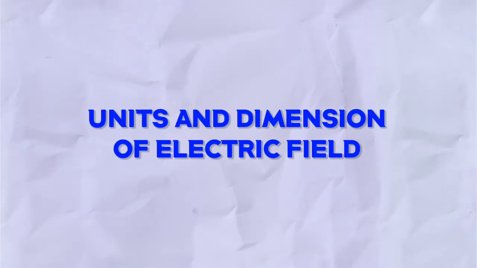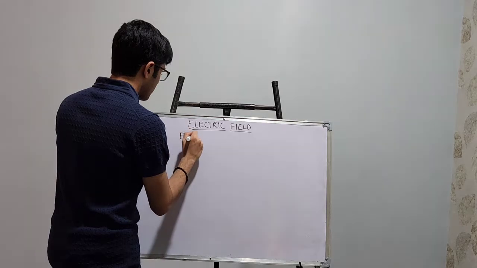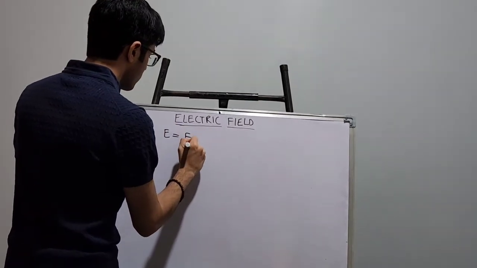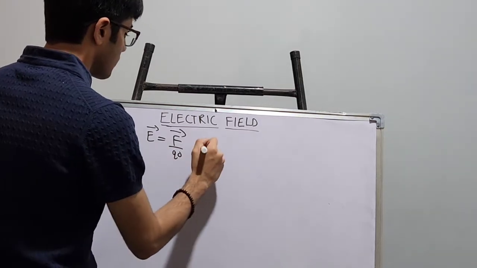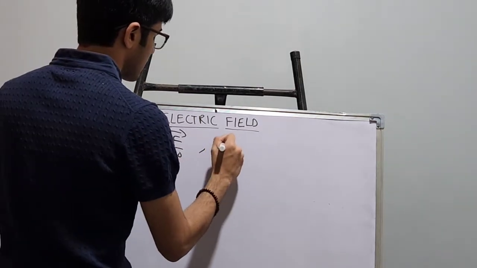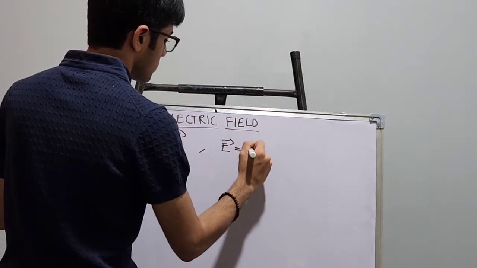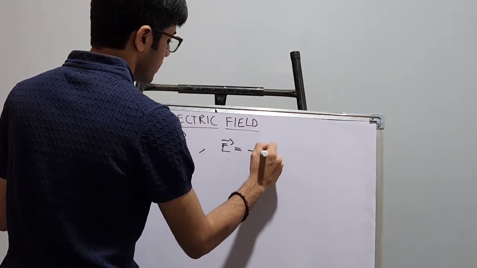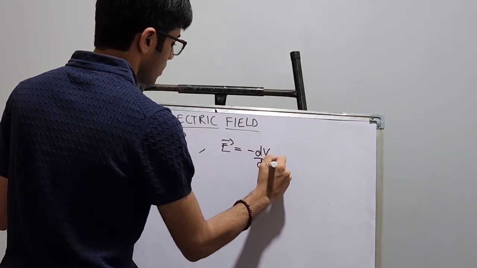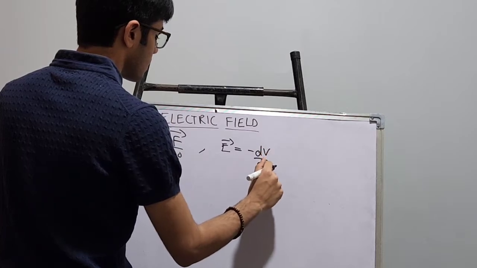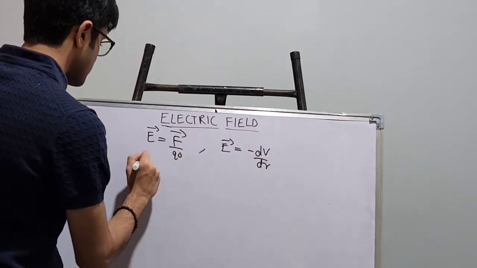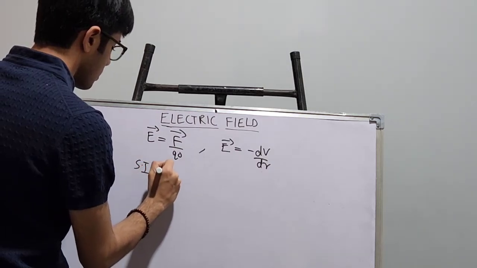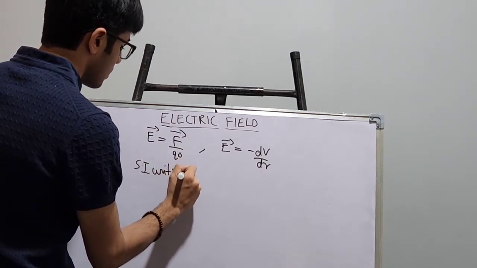Now let us talk about the units and dimensions of electric field. We know that electric field is equal to force upon Q naught, put in the vector signs. And another formula of electric field is minus dV upon dr. V here is the potential difference, R is again the distance. So the SI units are actually here.